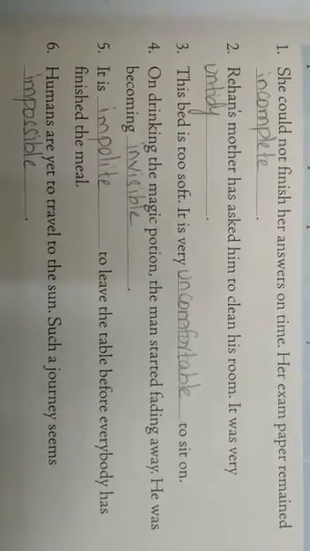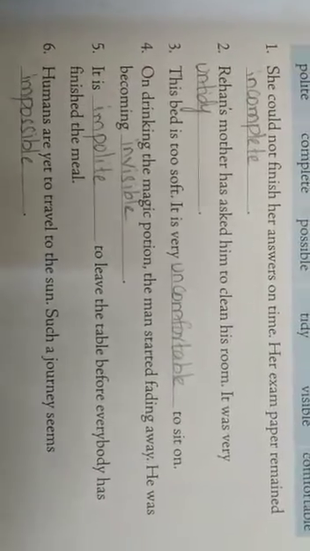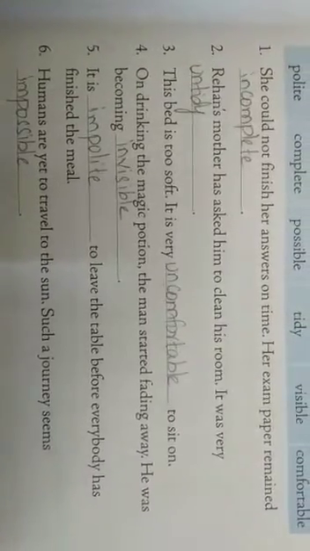Fifth one. It is dash to leave the table before everybody has finished the meal. So it is the good habit. Suppose we are having our lunch or breakfast along with our friends or family, we should wait till everyone finishes. Then everyone should leave at a time. That is the polite way.